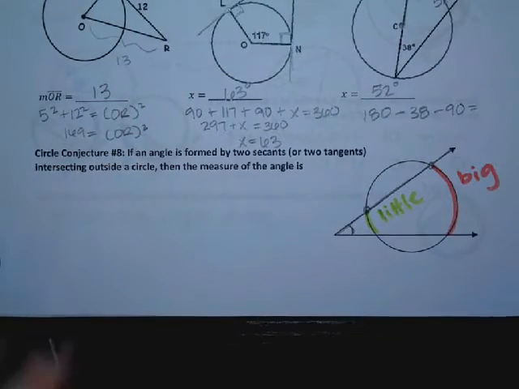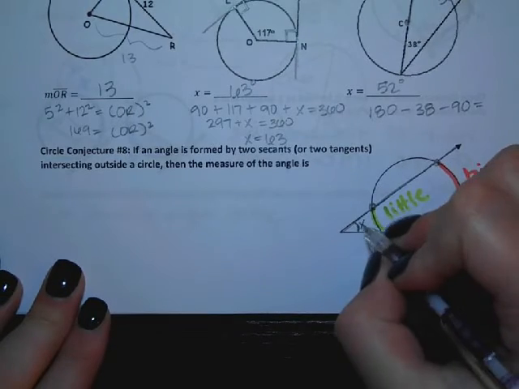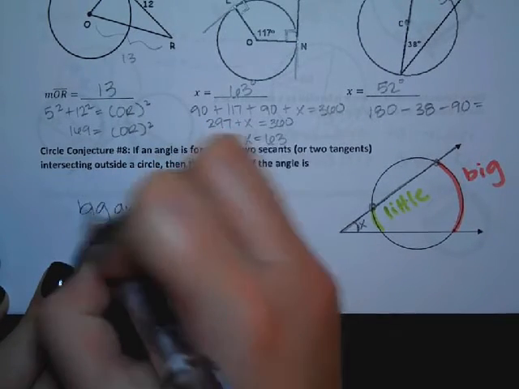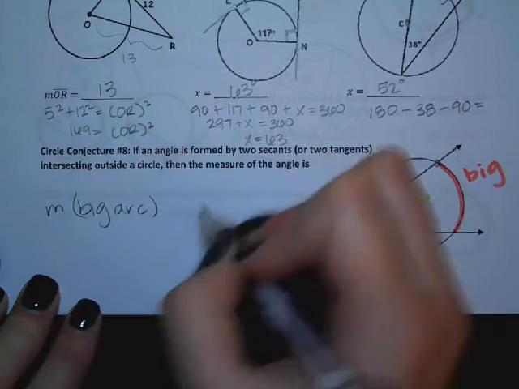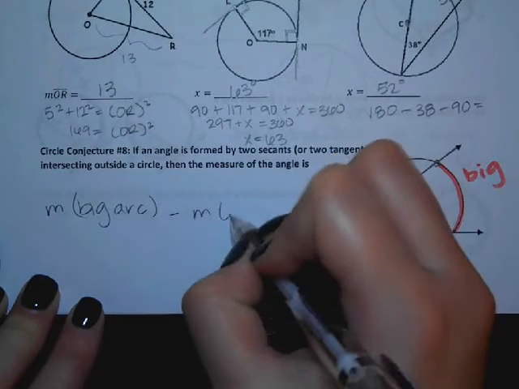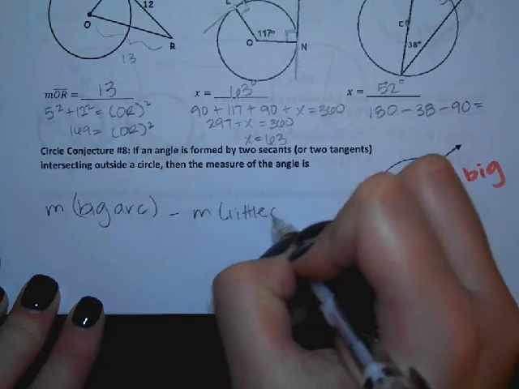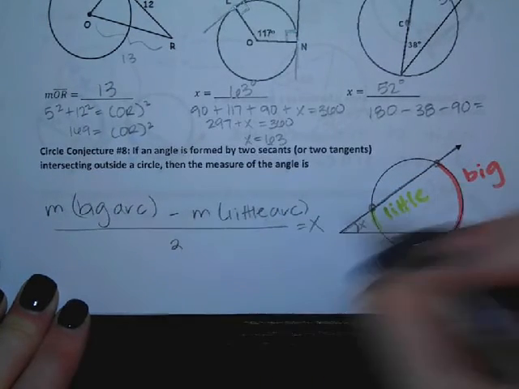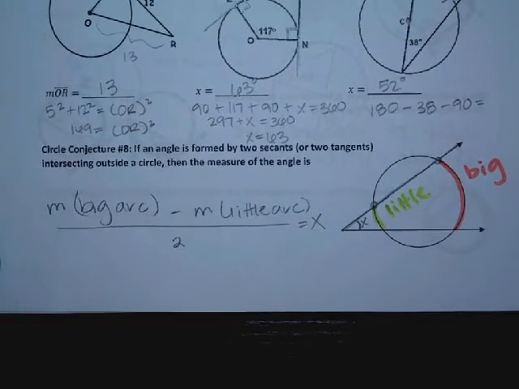Okay, so the formula is, here's my x right here: the measure of the big arc minus the measure of the little arc, divided by 2 equals the angle. Big arc minus little arc divided by 2.